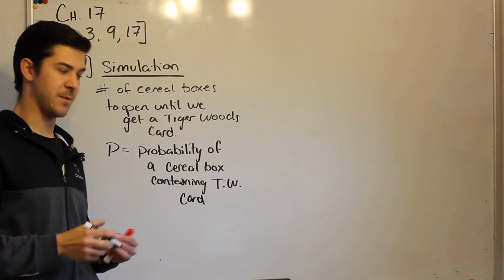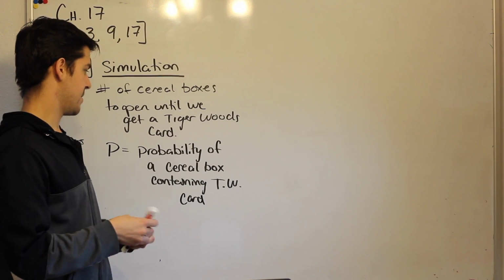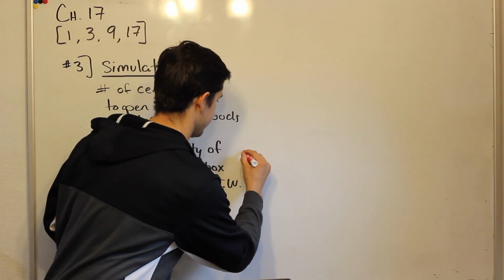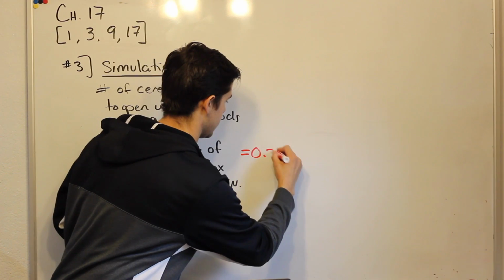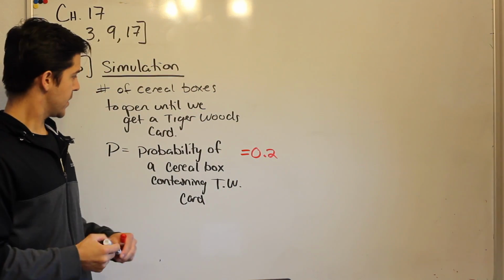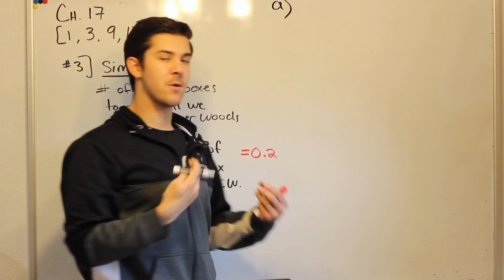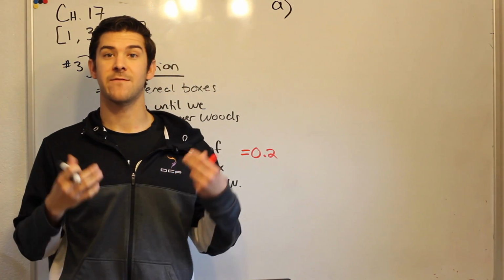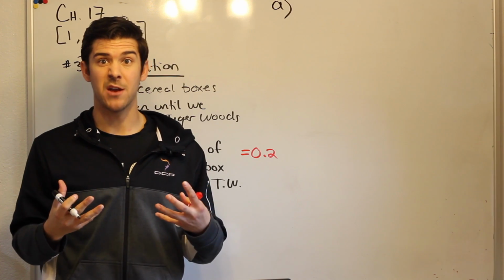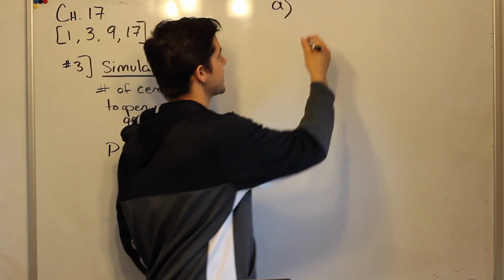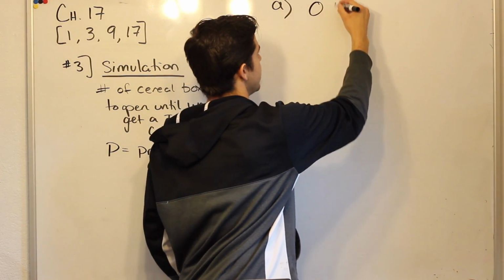In this case, the probability is 20%. If you recall, in the last unit, if we wanted to run a simulation, we had to first identify how to model it. In this case, I'm going to use the numbers 0 through 9.